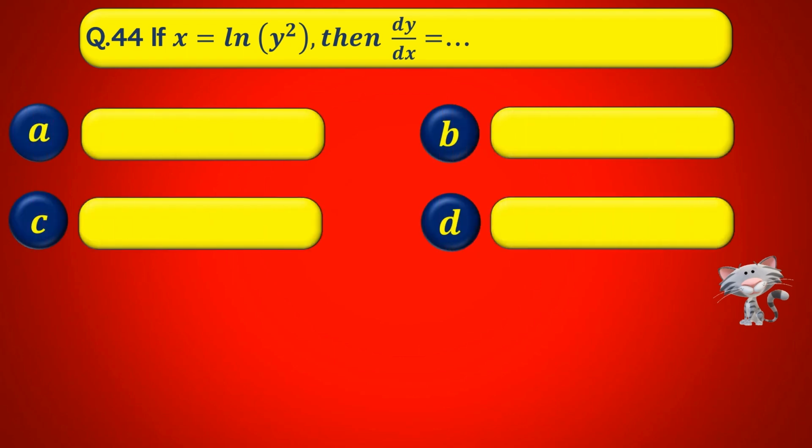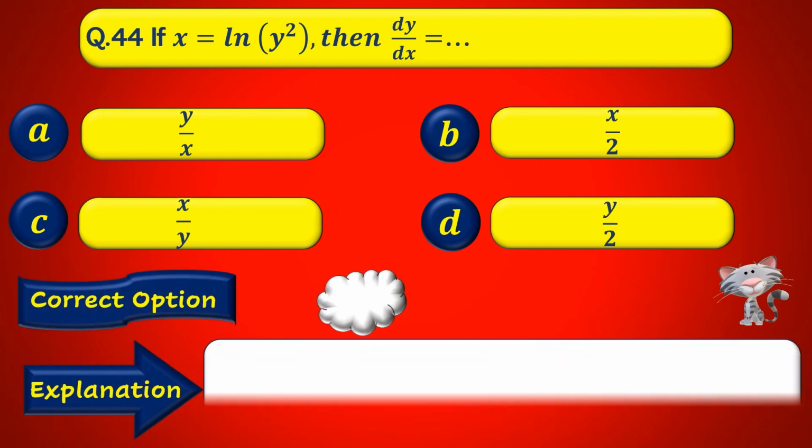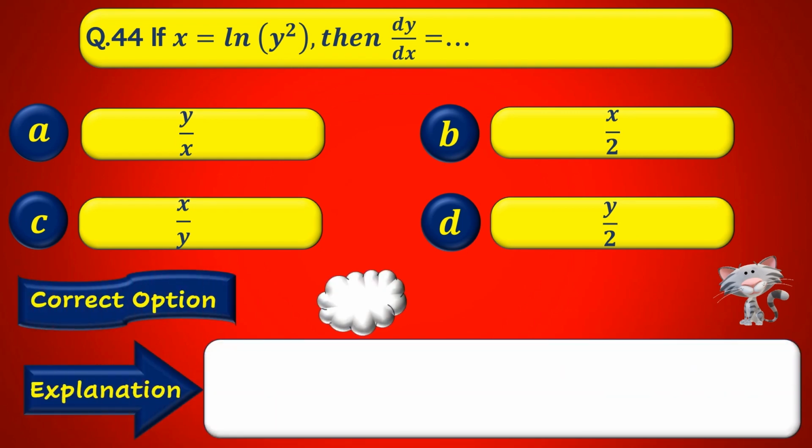Question number 44. If x is equal to log of y square, then dy by dx. The options are, let's see which one is the correct option. We are given x is equal to log of y square. We can write it as x is equal to 2 log of y.